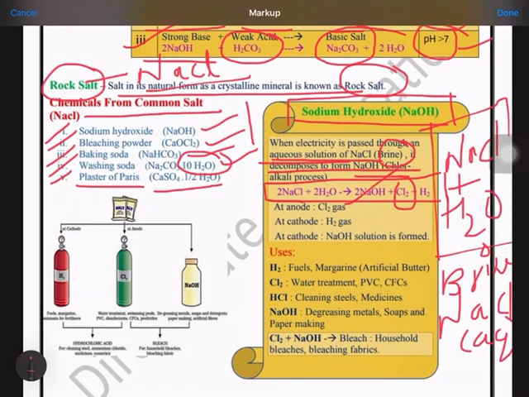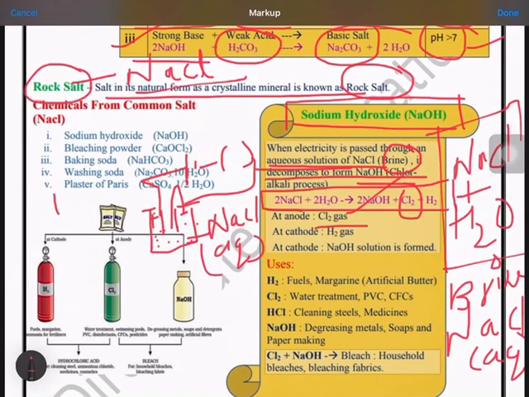I am writing aq. When we pass the current, after some time we will see that we can also place inverted glass tubes so that we can see the collection of gases. At the anode chlorine gas will be collected, because the anode is positive and the cathode is negative. So chlorine, having negative charge, will be attracted towards the anode.